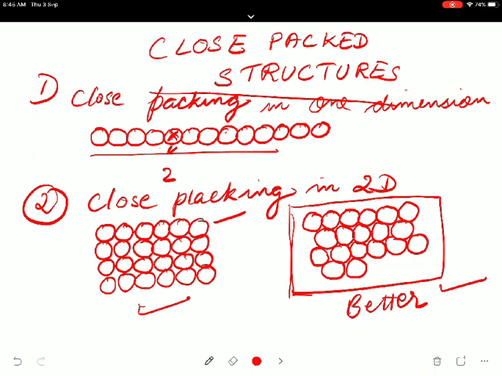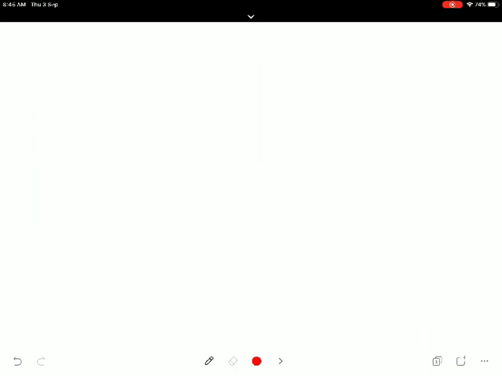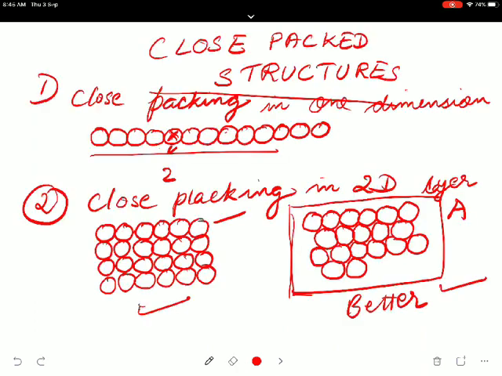So what I have made here is the first layer. I will be calling it the A layer. This arrangement, this type of alignment in 2D, is one layer, I call it the A layer. Now I am going to construct one more layer on this A layer.